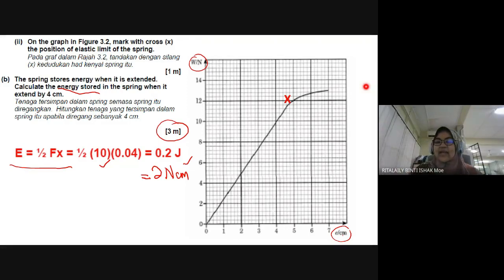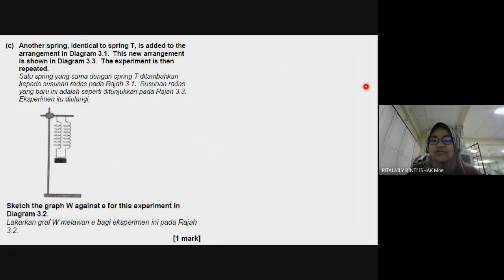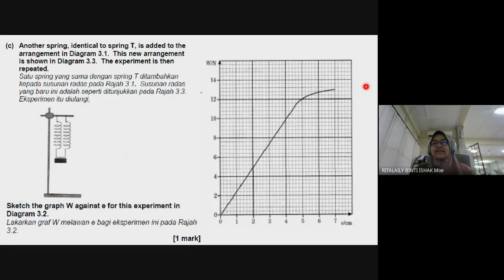Yes. Okay, so if we draw the graph, this is the original graph. As for the new arrangement, the graph will be like this. The graph will be steeper. The gradient will be bigger. Why? Because as Kalpana said, each spring will get less force. So even though you add more force, each spring will get less force, so the extension will become smaller.